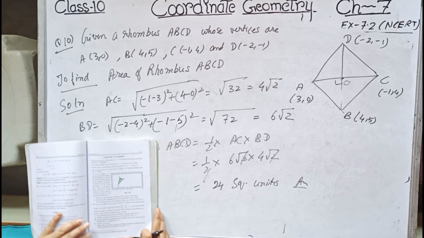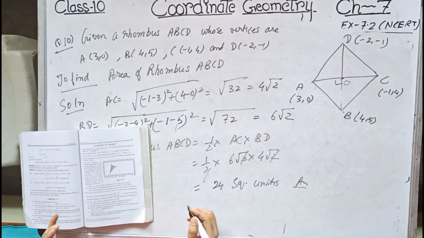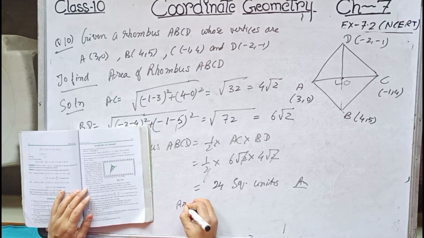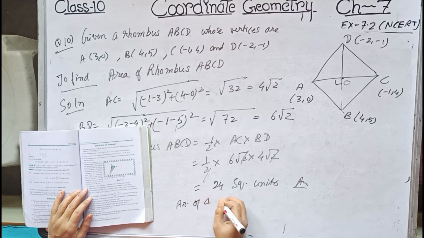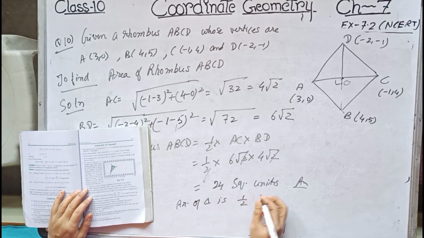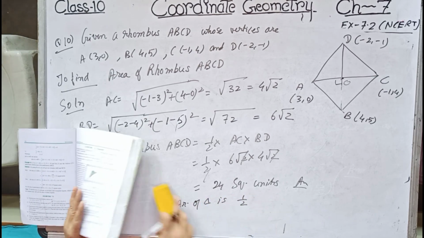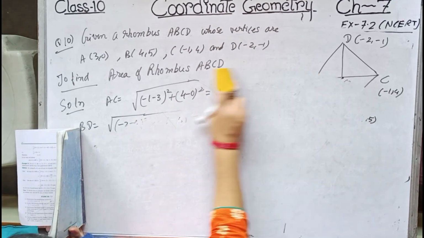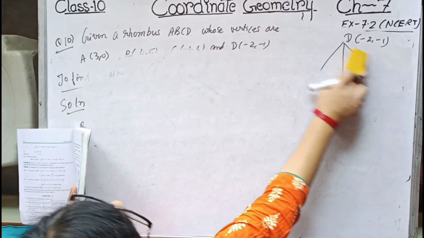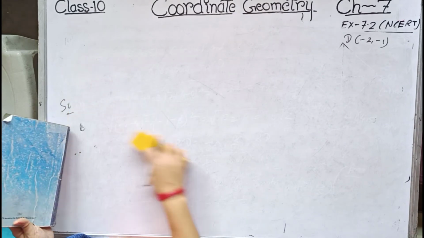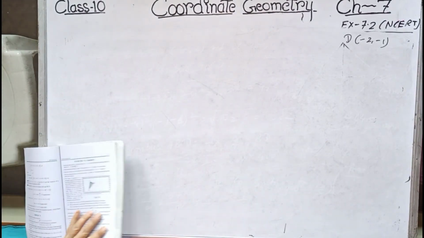So obviously we have to leave this, but only you keep in mind this formula. Area of triangle is half into... Let me write properly. I am not doing the derivation as it is not in the syllabus. Only keep in mind, this may help you somewhere.